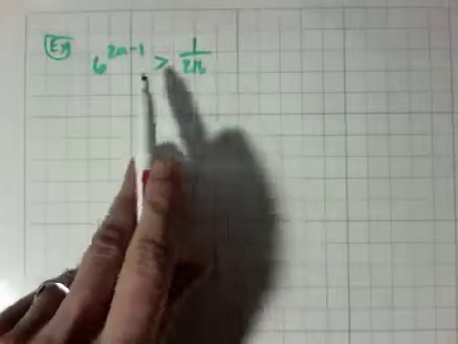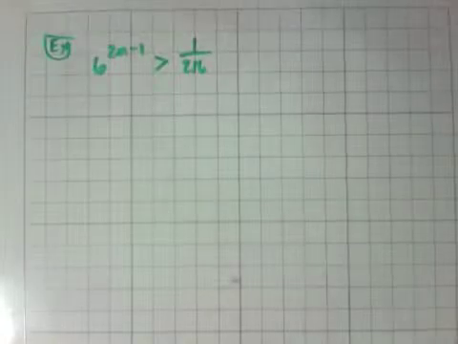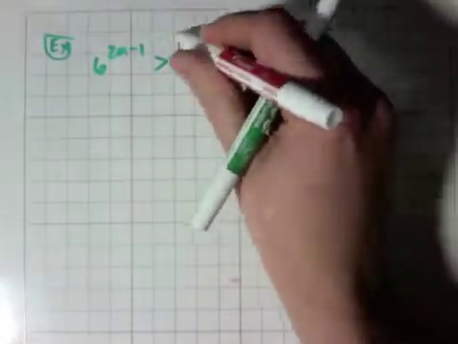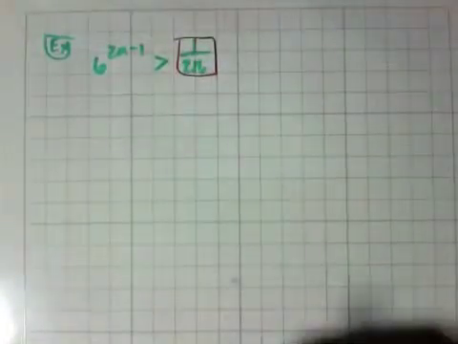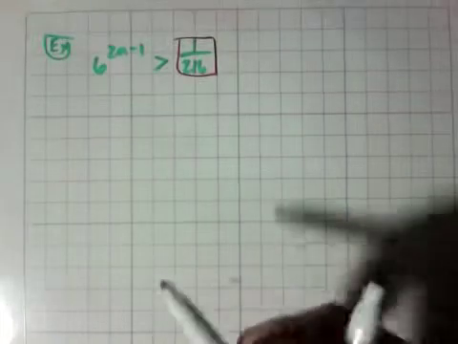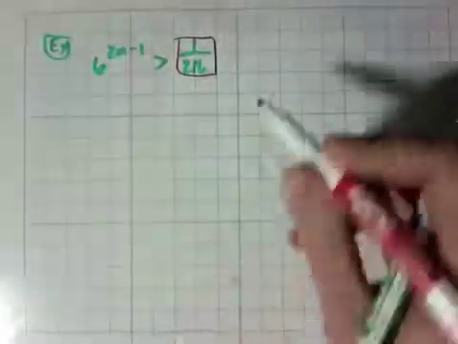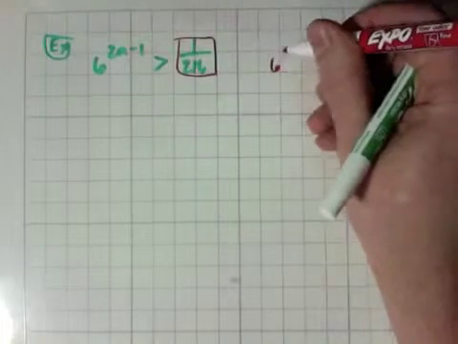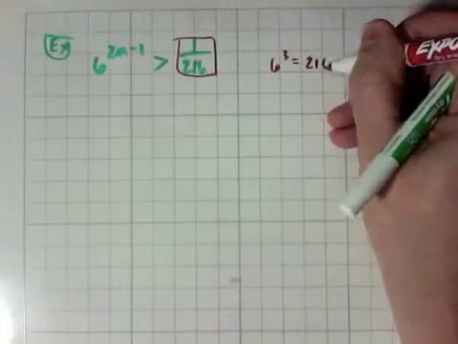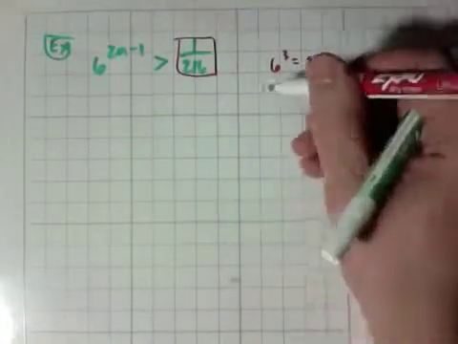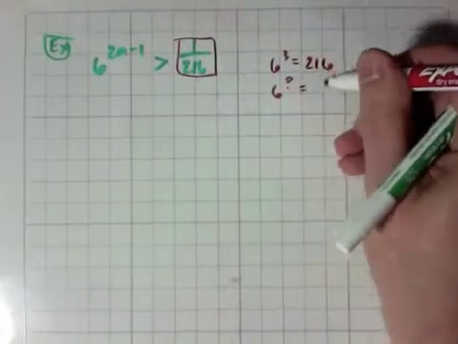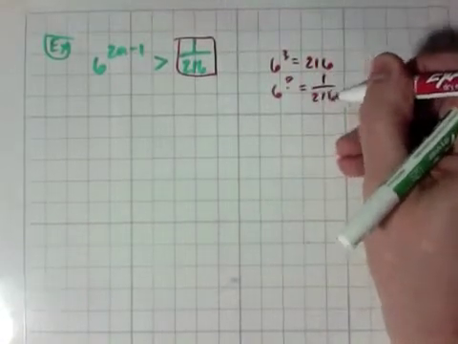So I can't say anything immediate about this relationship, but I may realize that 1/216th actually is a power of 6. By the way, 6 to the 3rd power is 216. So 6 to what power would equal 1/216th?